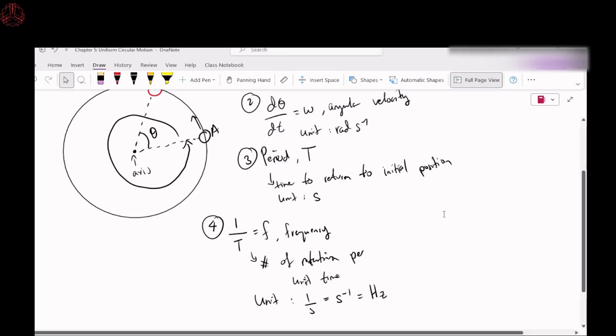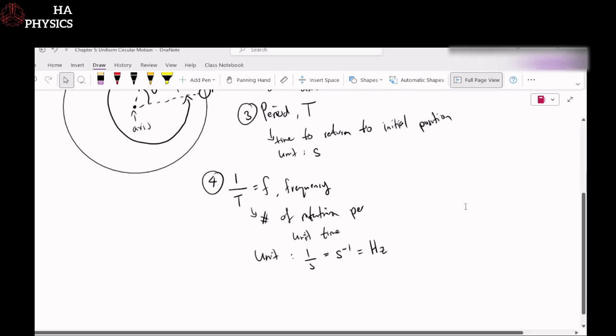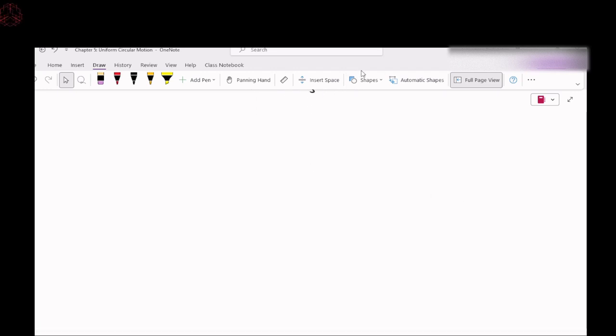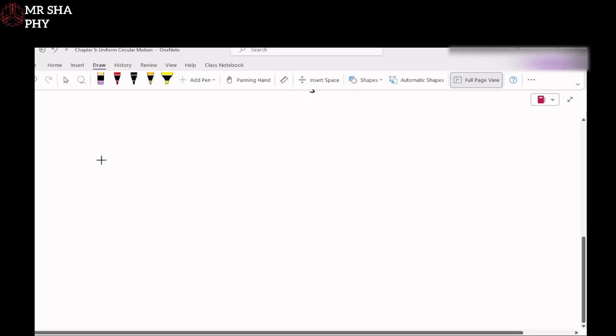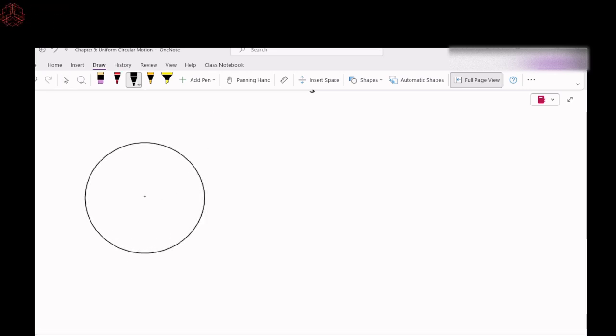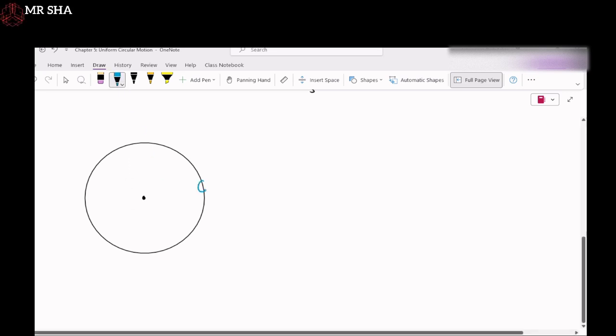Now, at this point, it's relatively important for me to ask the question: what about the factor that makes the object move in a circular path? Let's say I have an object there, and it's traveling in a circular path.